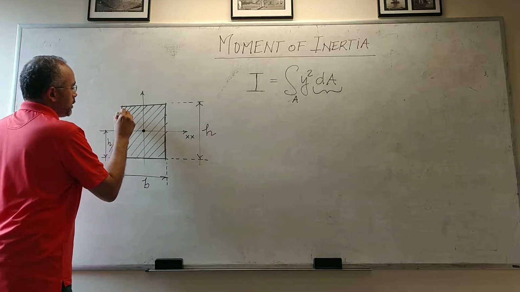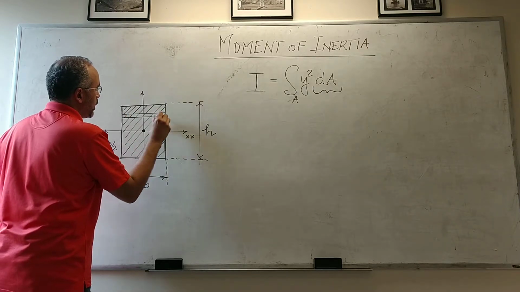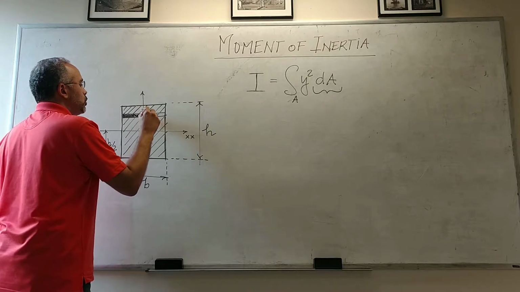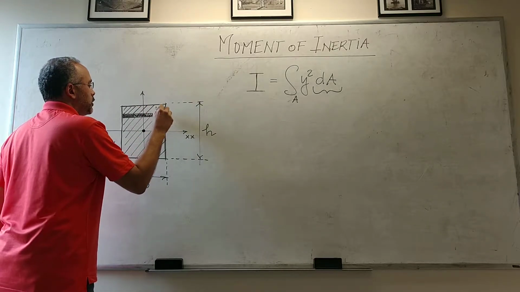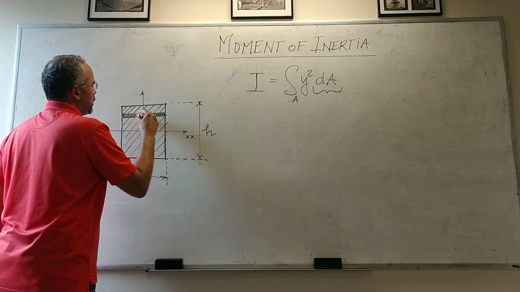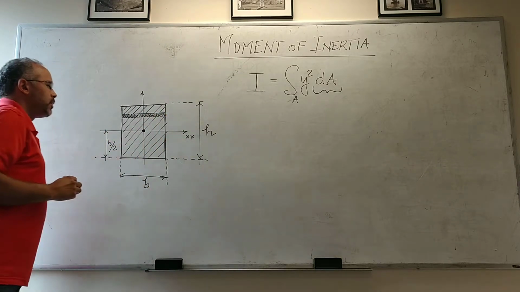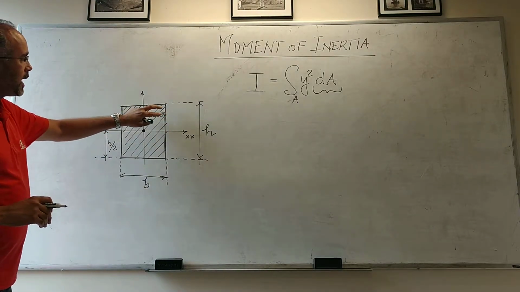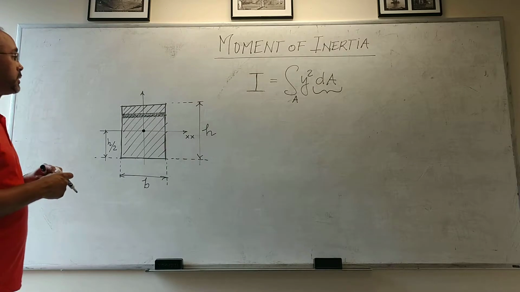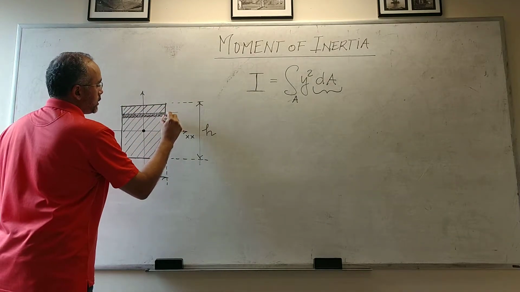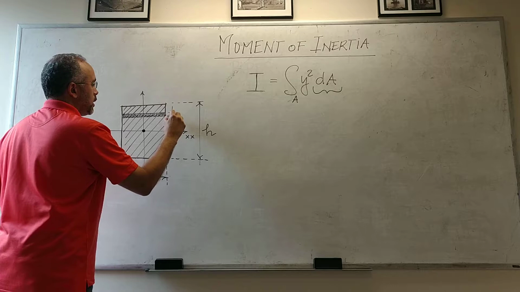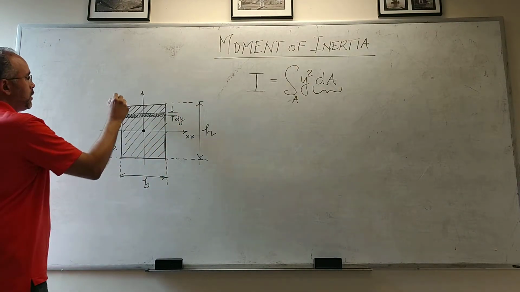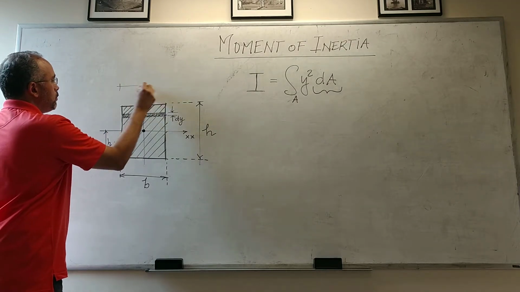There are several ways of doing this, but for the sake of this problem, we are going to say that this cross-section is the sum of an infinite number of infinitesimal horizontal slices like this. Each one of these slices has a thickness equal to dy and a width equal to b.